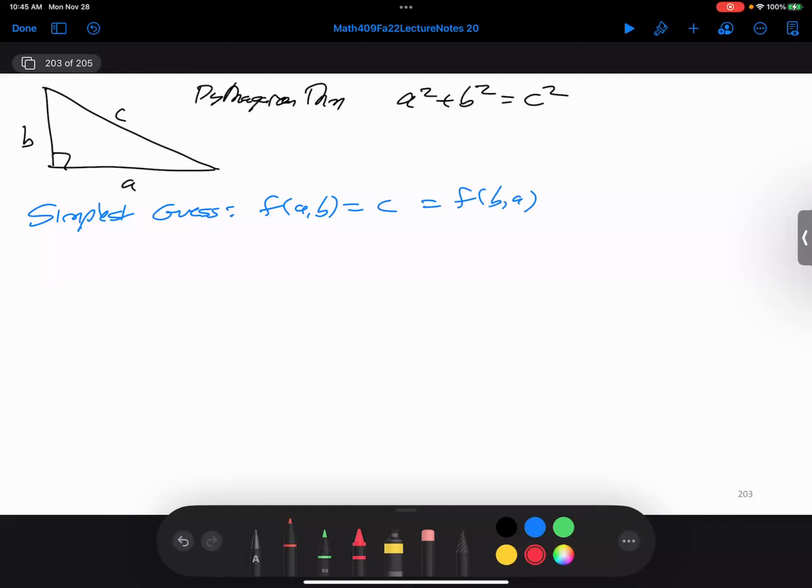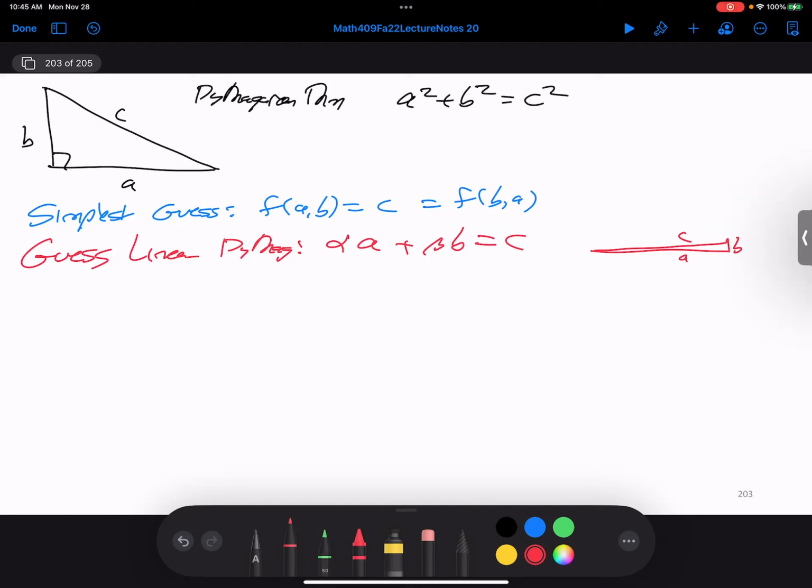So let's guess linear Pythagoras. So maybe alpha a plus beta b equals c. If we look at extreme triangles, a triangle that's very long and thin, in the limit, what's going to be true about a and c? Equal.